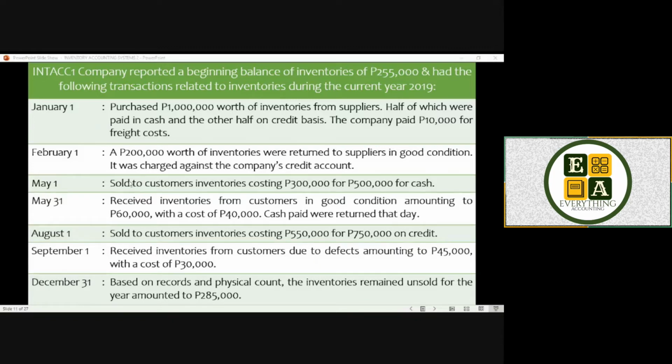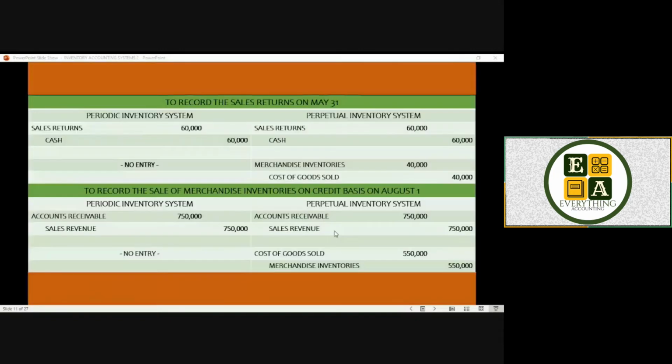In contrast dun sa May 1, for cash kasi yung sabi, so cash basis si May 1. So sa August 1, since on credit, ibig sabihin, pinautang natin. So yung debit natin dyan is accounts receivable. So yung journal entry natin, debit tayo ng accounts receivable, 750,000. Credit tayo ng sales revenue, 750,000 under periodic inventory system.